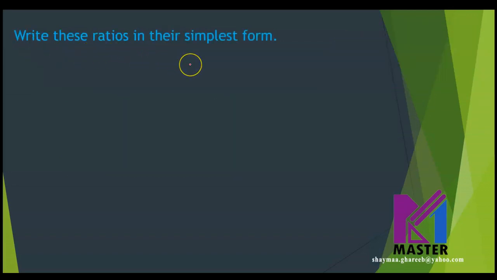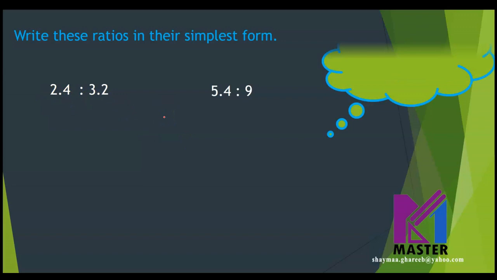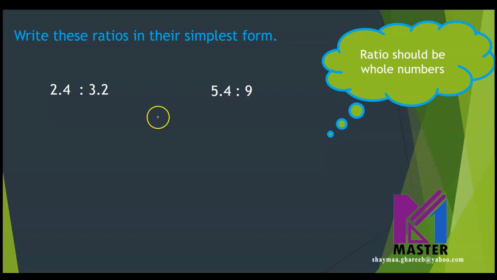Write these ratios in their simplest form. Now I have a decimal number in the ratio. Ratio should be whole numbers when we simplify it. So what should I do? In order to simplify this ratio, as we said, we can find equivalent ratios to any ratio.